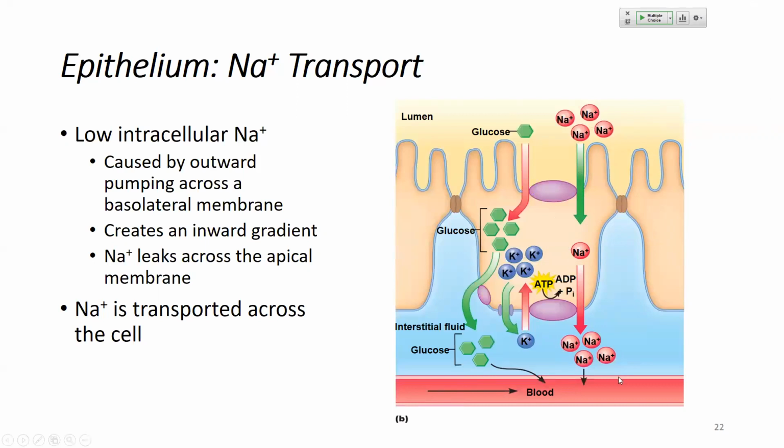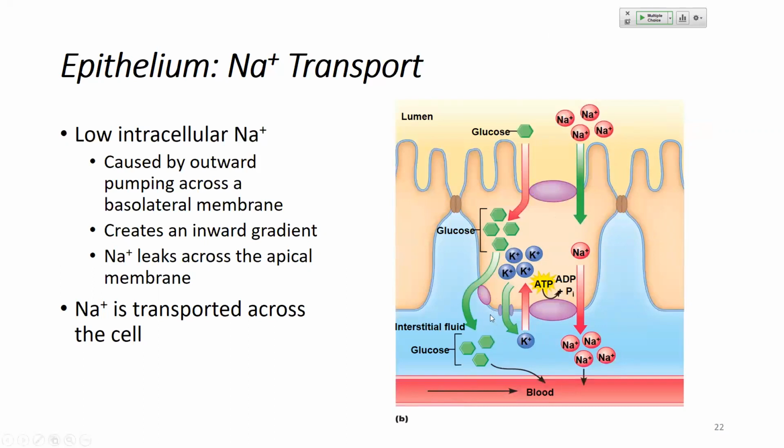So you pump sodium out of the cell, sodium is going to go around the other end and leak right back into the cell. And that is what maintains a steady concentration of sodium inside and outside the cell. Same thing with potassium. You pump 2 potassium into the cell, and potassium is going to leak right back out.